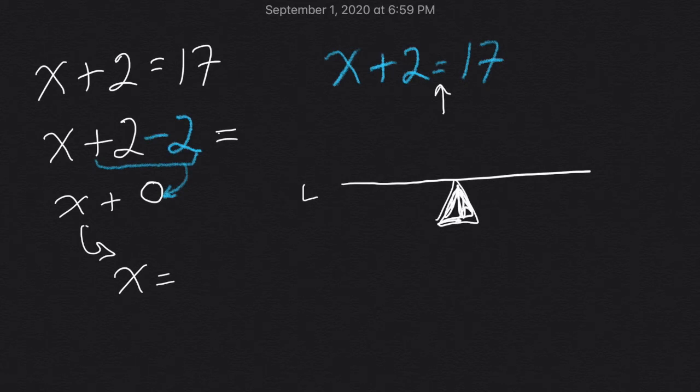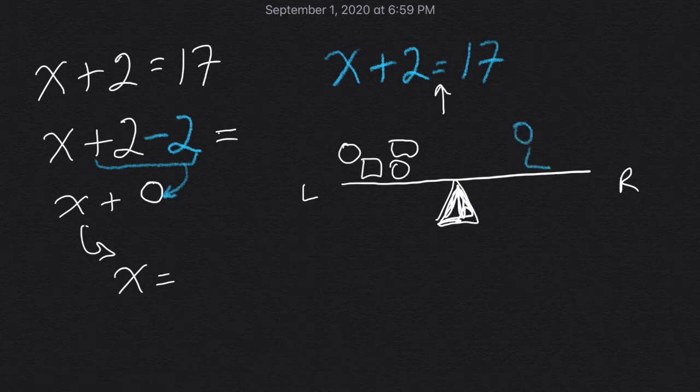Okay? And like an equation, a seesaw is going to have a left side and a right side. And let's say on the left side we have some items here. And on the right side we have some items.